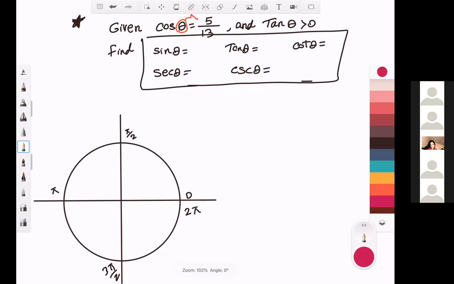So cosine of theta is 5/13. Is this positive or negative? Positive, right? It is positive 5/13. So cosine is positive on quadrant 1 and positive on quadrant 4.